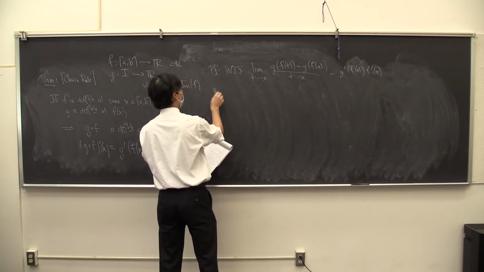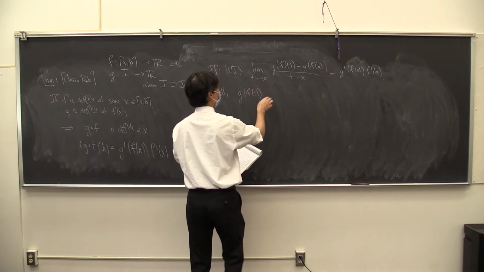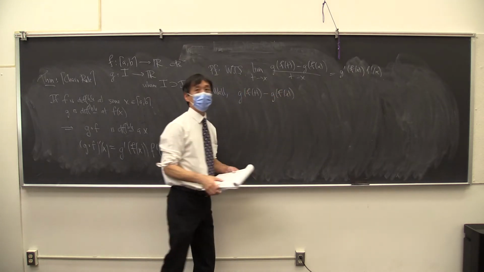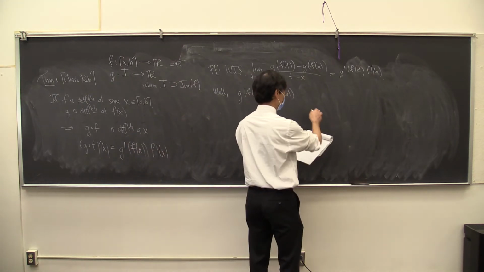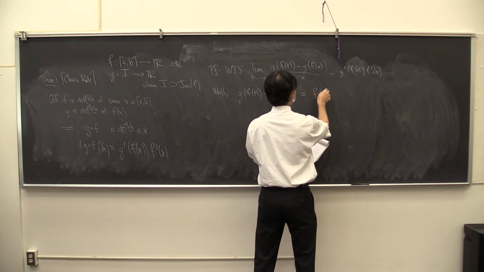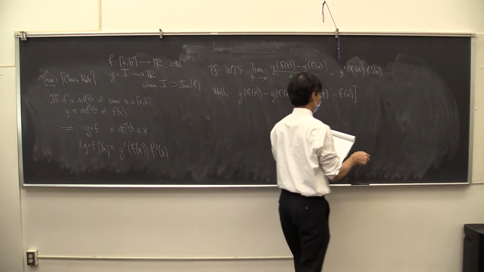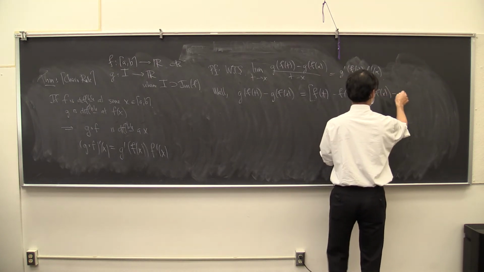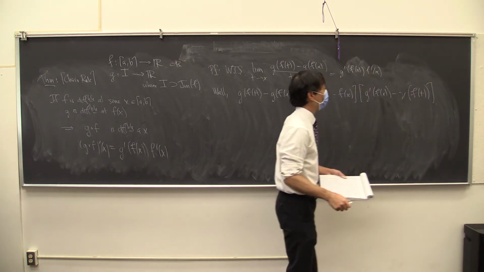So let's look at the numerator on the left-hand side here. We know that that is going to be f of t minus f of x times g prime of f of x plus some vanishing error v of f of t.